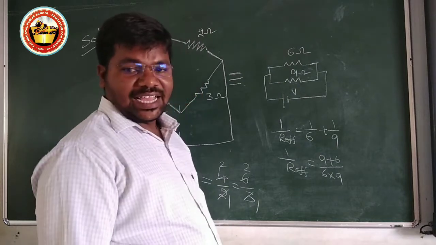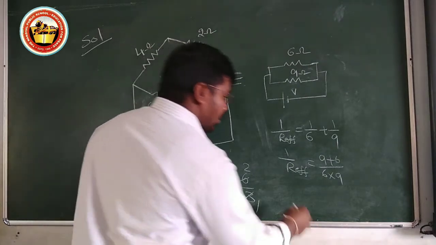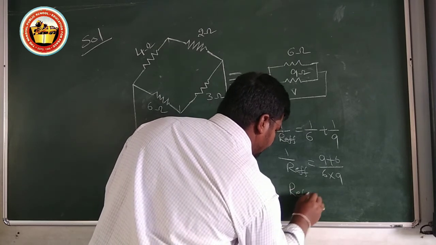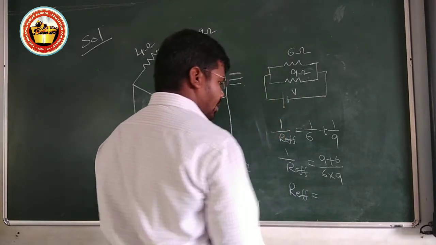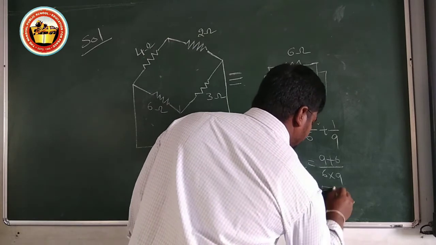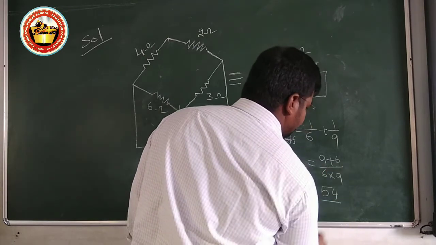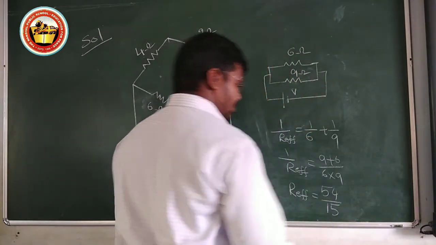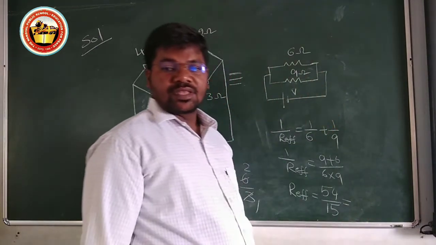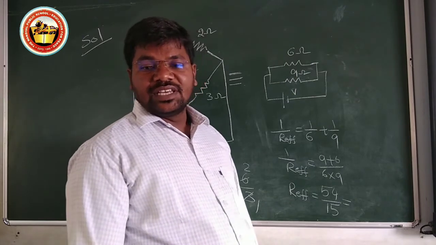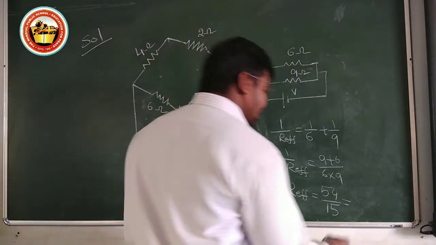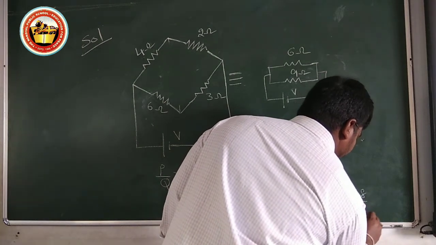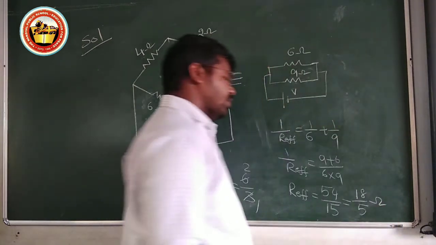So R effective is equal to 54 divided by 15, which is equal to 18 by 5 ohms. Using the parallel formula, we get the effective resistance as 18 by 5 ohms.